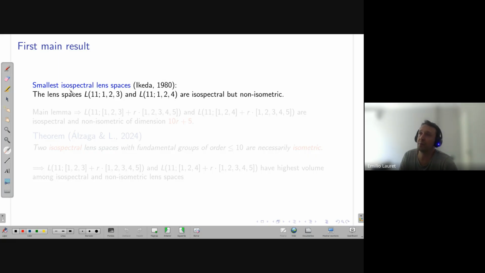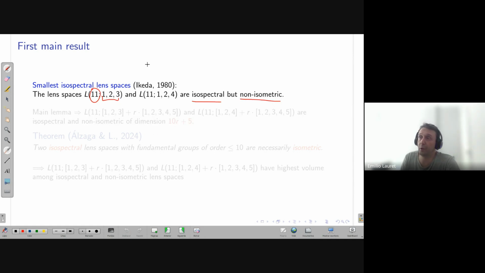And well, Ikeda presents these very simple examples. These are the coefficients, the smallest possible. I mean, you have three components, so the dimension is 5: 2 times 3 minus 1, 5. And the number of elements is 11. Okay? And one can check that they are isospectral and non-isometric.